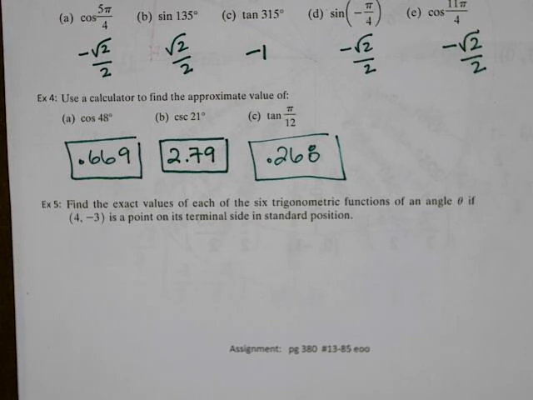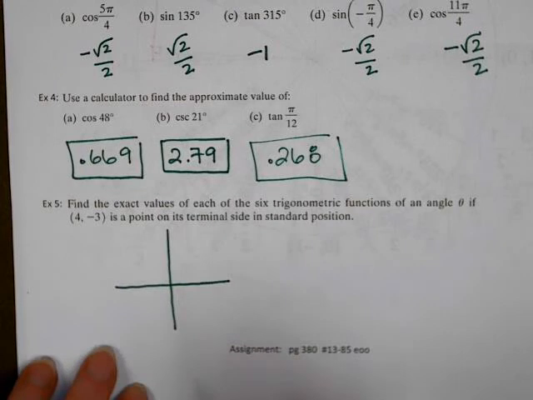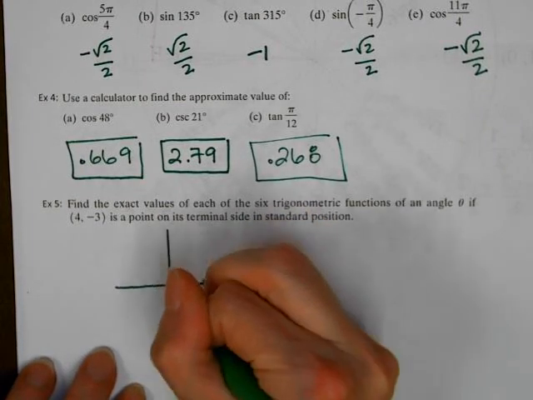All right, last one. What if they give you guys an ordered pair that is on the terminal side of the angle, and they want all 6 trig ratios at that angle? So let's do a little sketch here. Let's see where 4 comma negative 3 is. So right 4, down 3.